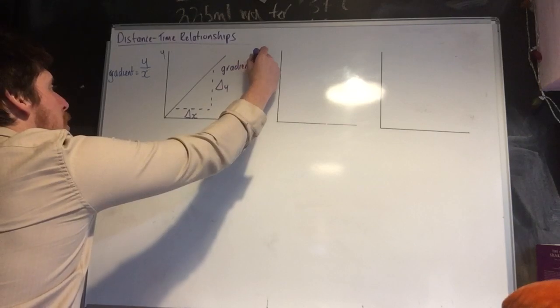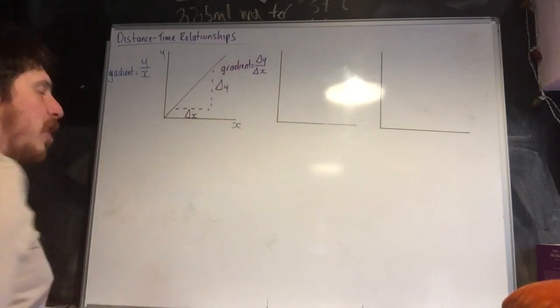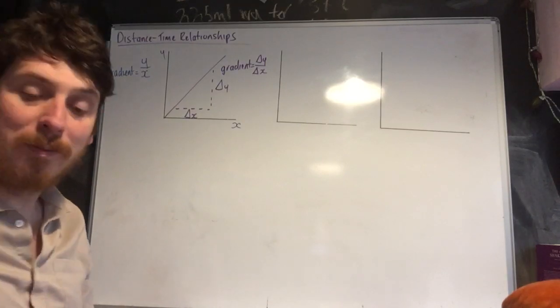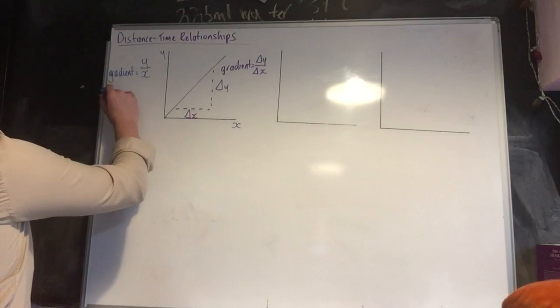So your gradient is equal to the y value, or change in y, as I've drawn on there, divided by the change in x. Okay, why is this relevant? Well, I'll tell you why it's relevant.